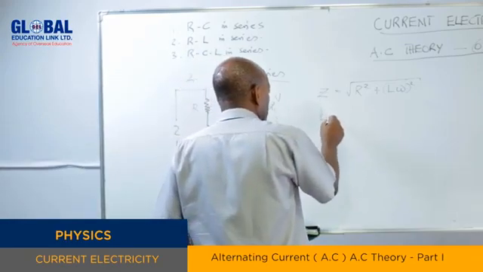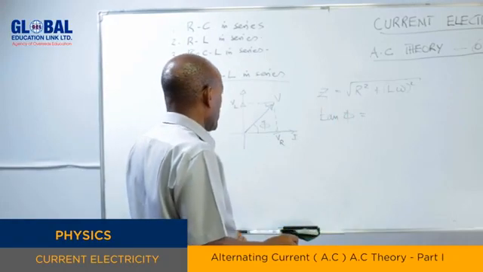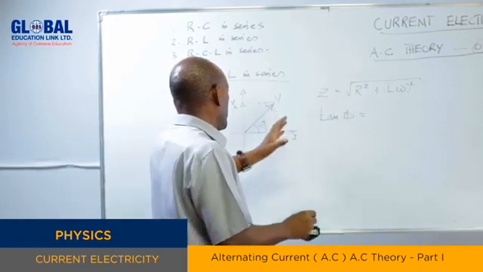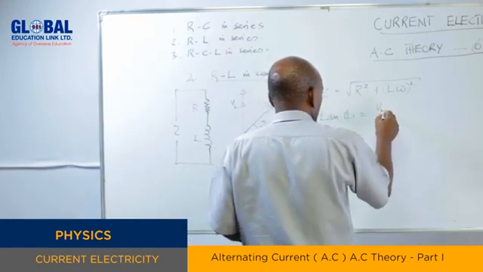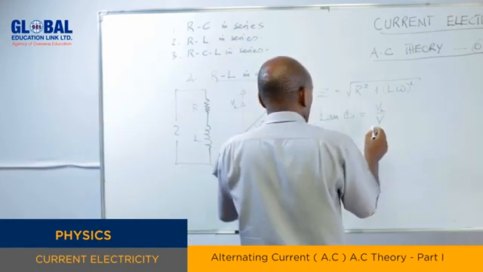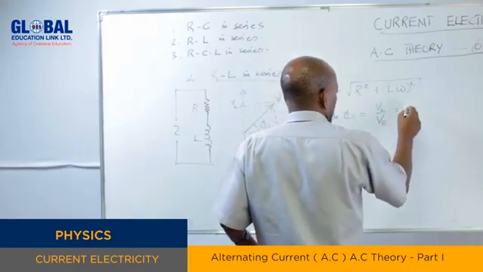And if we look at the tan of that particular angle phi, here you will take the voltage through an inductor over the voltage through a resistor, opposite over adjacent.